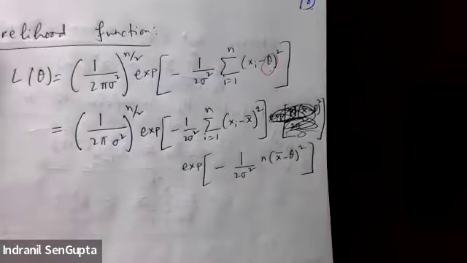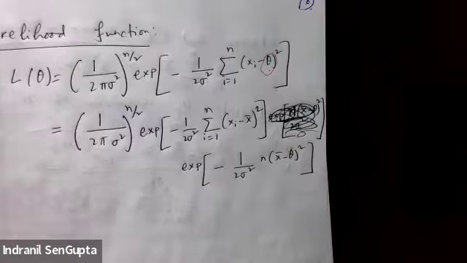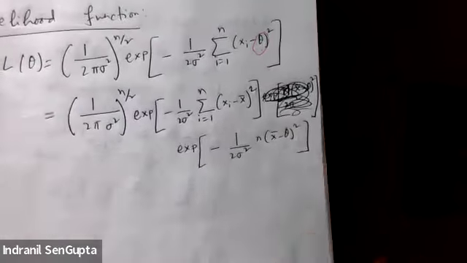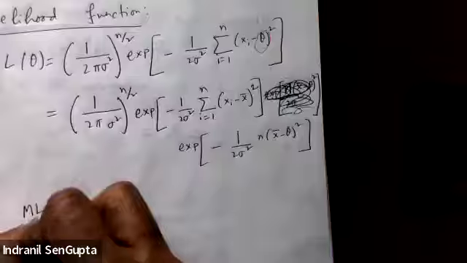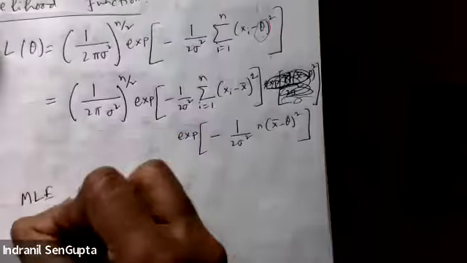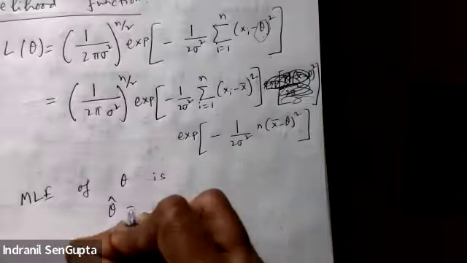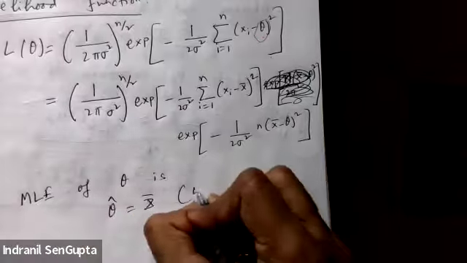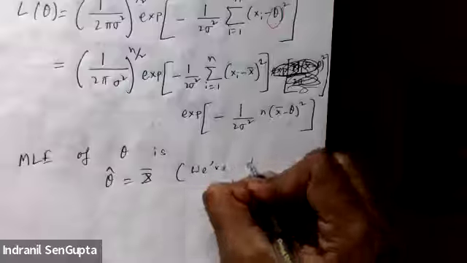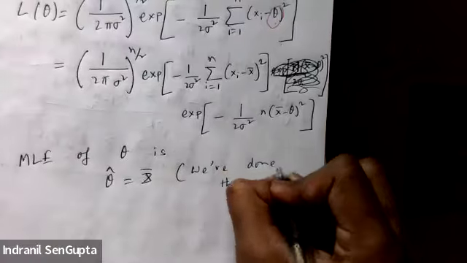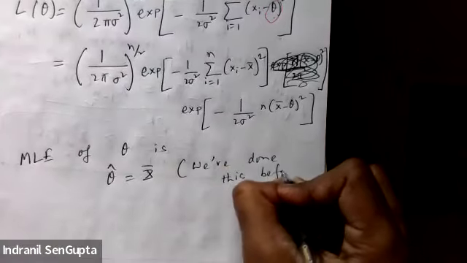So that is the quantity. Now the maximum likelihood estimator of theta is theta hat, which is x bar. We have done this before. I'll not repeat it.